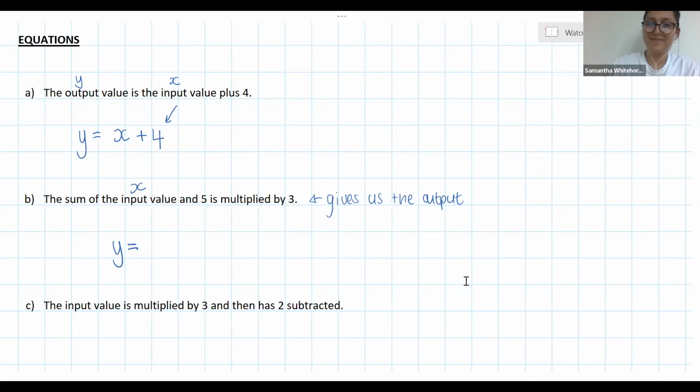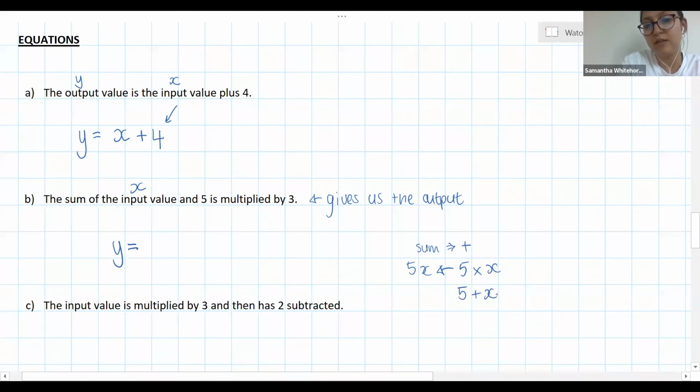I think it's y equals 5x times 3. Okay, very close. 5x, remember, means 5 times x. As people were saying in the group, when I'm talking about the sum, I'm talking about addition. So if I want the sum of 5 and x, do you agree it should be 5 plus x? Oh, yes, ma'am. Good.